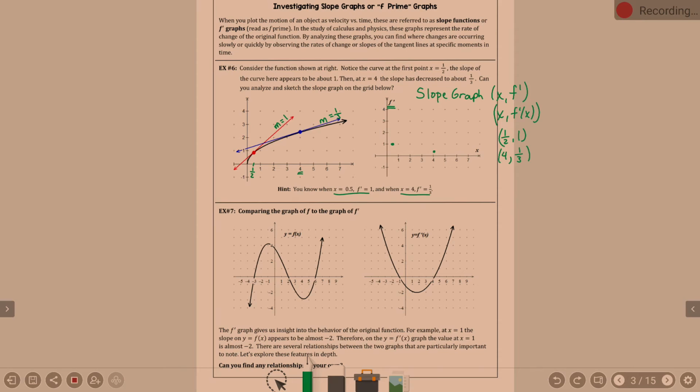It's going to keep going down. It's going to be getting smaller, yes? Because as my graph goes out, my tangent lines are going to flatten out more, closer to horizontal, which means these numbers are going to get smaller and smaller, closer and closer to 0. So as my graph goes out this way, it's going to run along the x-axis.